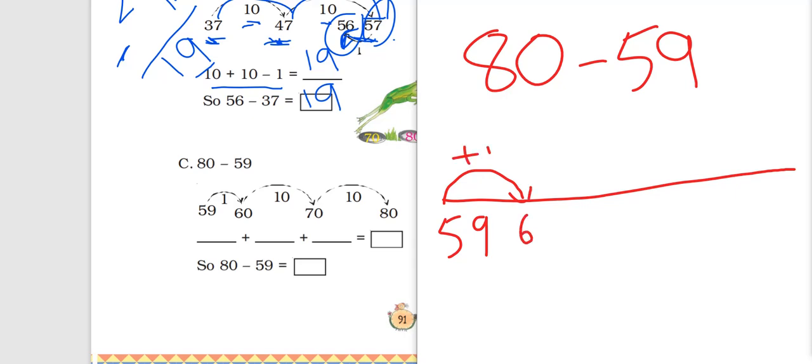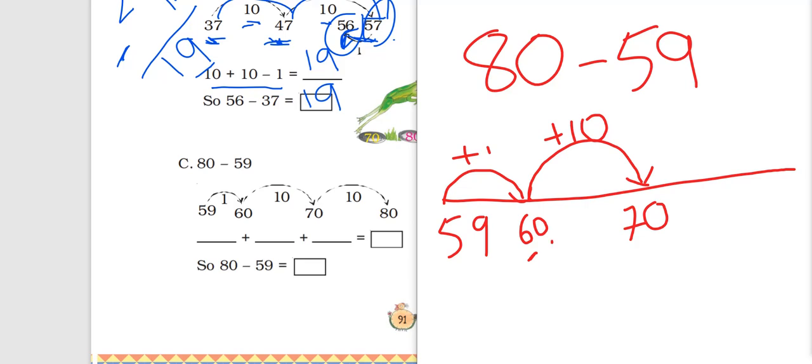We come to 60. Now we have to reach 80, right? So let's take 10 steps, which means we are adding a 10. We have 6 tens plus 1 ten. You arrive at 7 tens. There are no ones over here too, right?